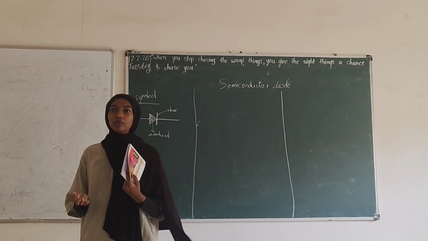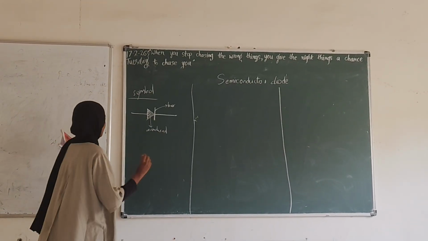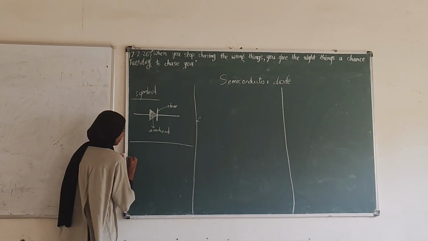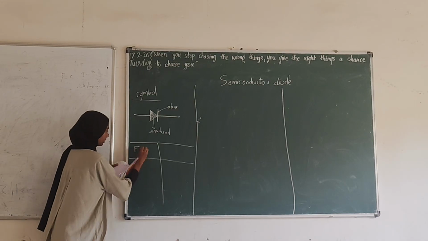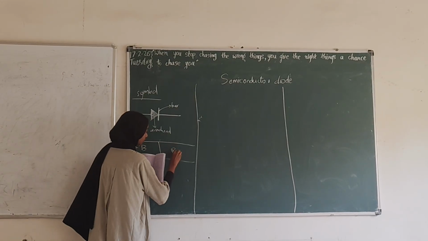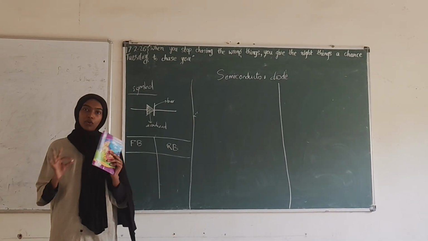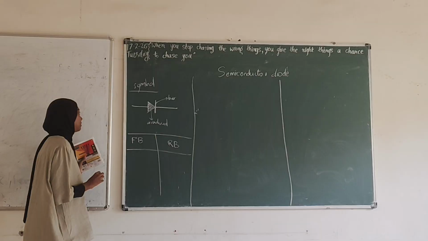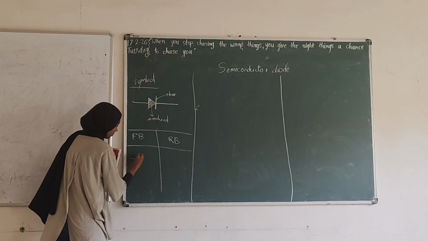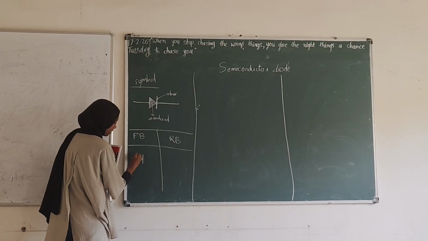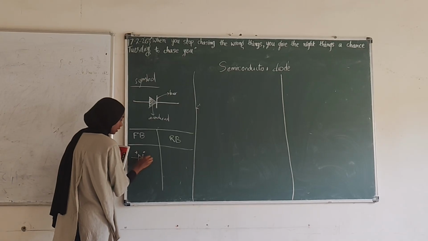Now we will explain what is forward biased and reverse biased, in a simple way. A diode is forward biased when the positive terminal of the circuit is connected to the arrowhead, so we have a positive sign on the arrowhead and a negative sign on the bar.